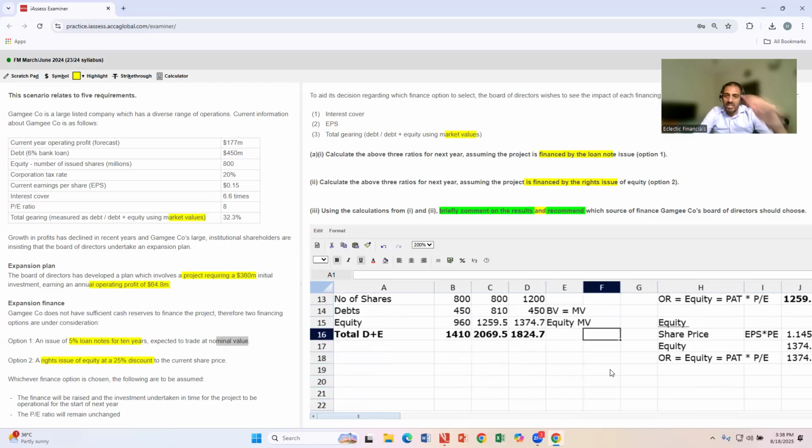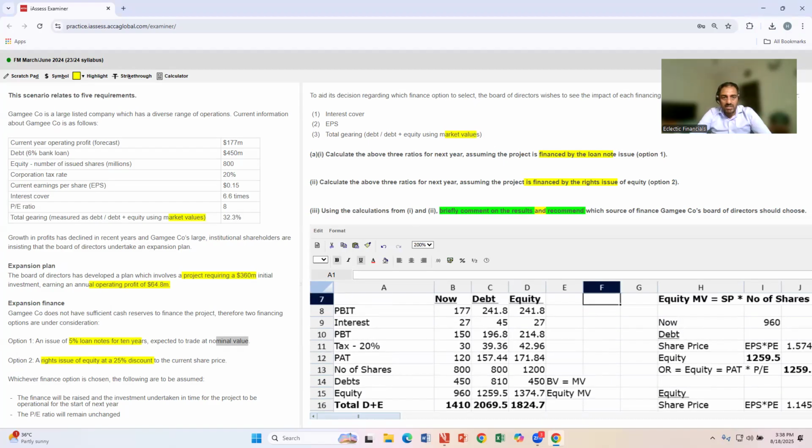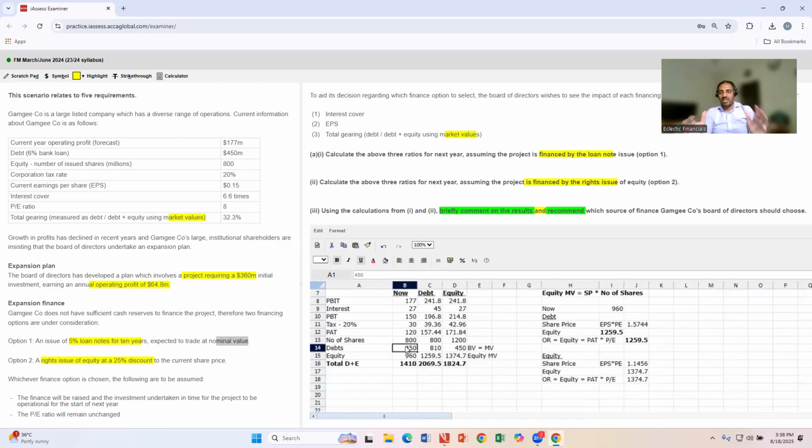That is the total debt plus equity. The calculation is done. Make sure this calculation you need to cover within 14 to 15 minutes. That's the point.